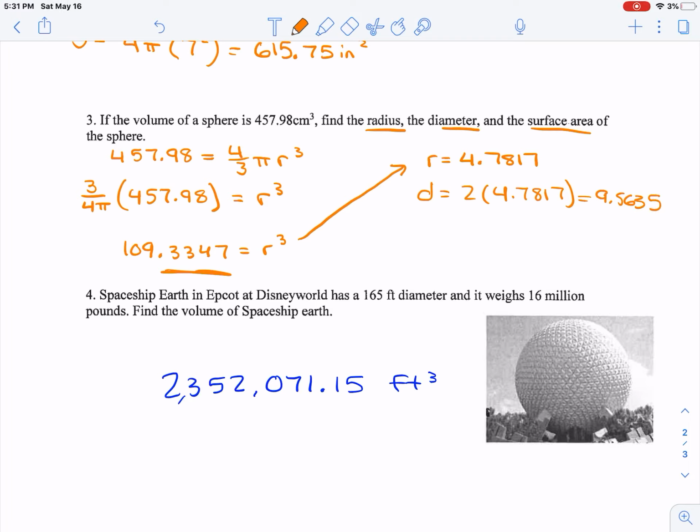And finally, for our surface area, we technically only need our radius for that. So our surface area is that 4 pi r squared. So 4 pi times that 4.7817 squared. And once you plug that in, you're going to get 287.33. And then again, make sure you have your units. In this case we have centimeters, and we're going to square that.